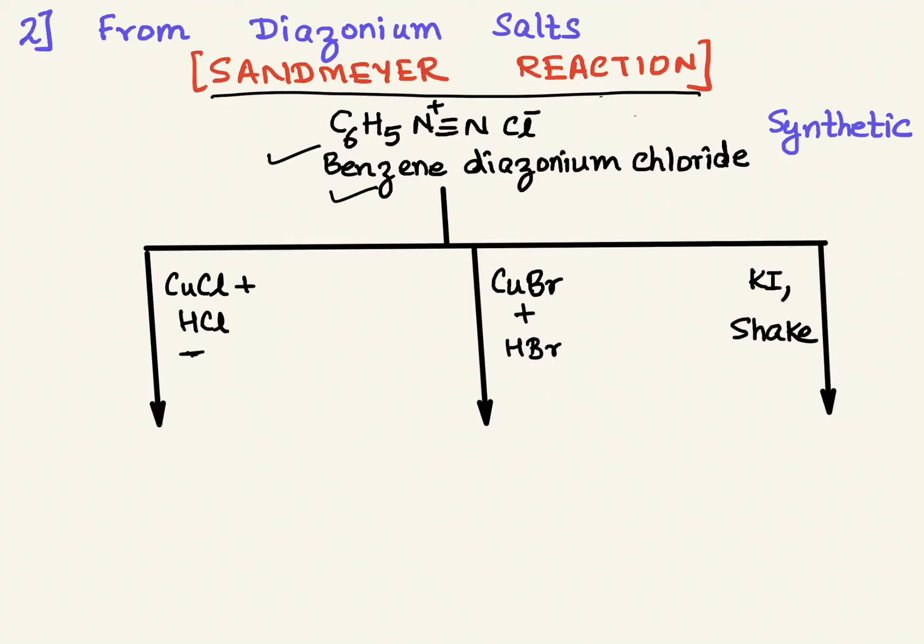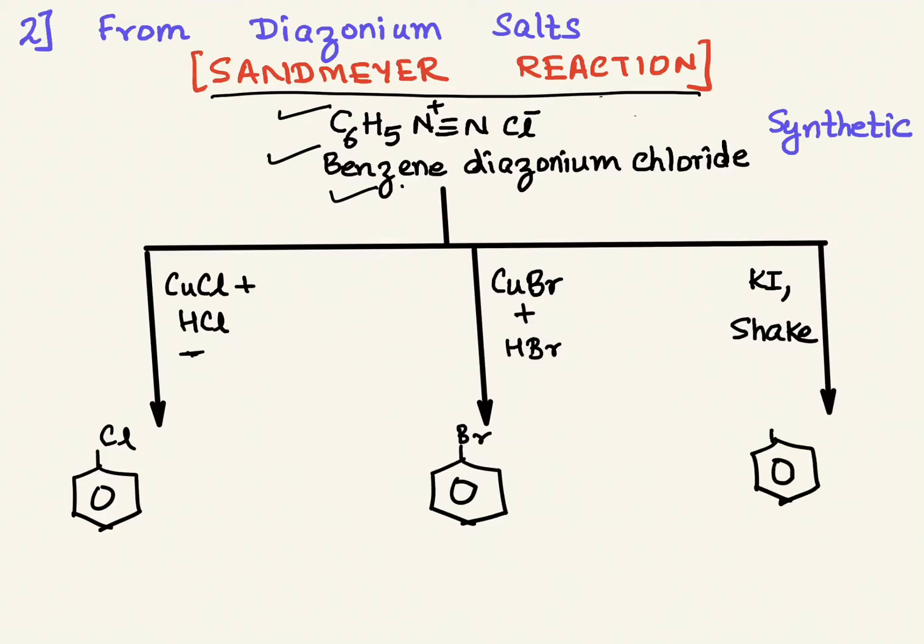But now, generally, the conversion of benzene diazonium chloride to chlorobenzene, bromobenzene, iodobenzene, cyanobenzene is termed as Sandmeyer reaction.